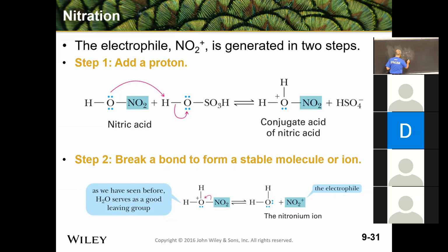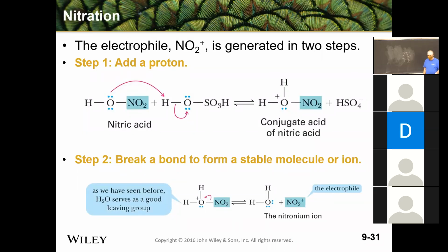Water, and we've got NO2 plus. So we've got the nitronium ion. That is our electrophile.